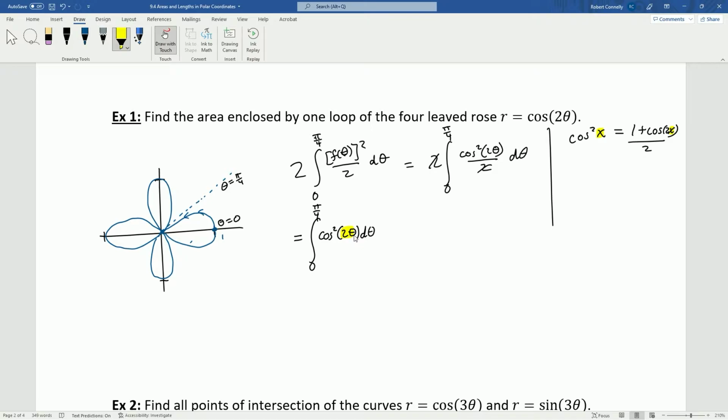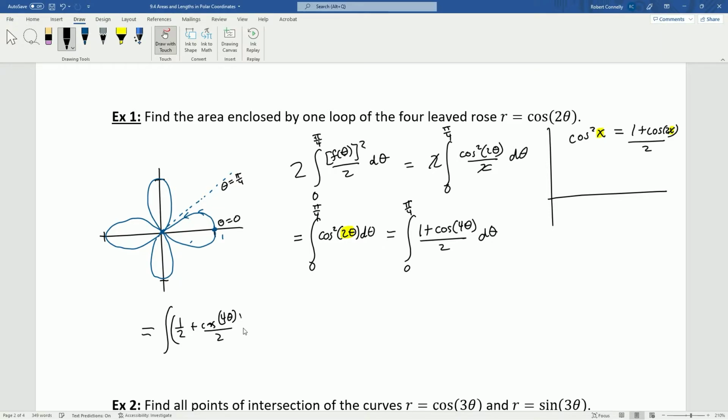So I have to double the 2 theta when I plug it into this formula. That's going to give us cosine of 4 theta over 2. And if we split this up, that's the integral of 1/2 plus cosine of 4 theta over 2 d theta from 0 to pi over 4.